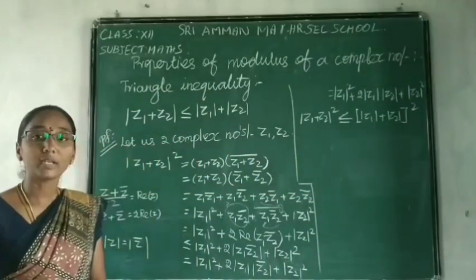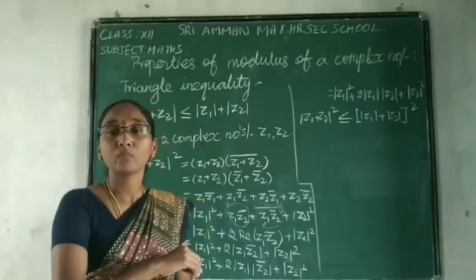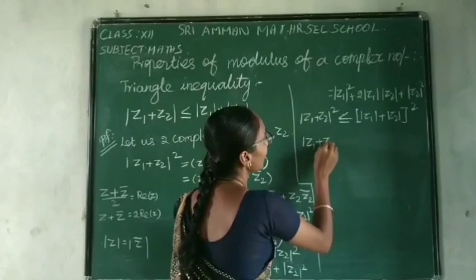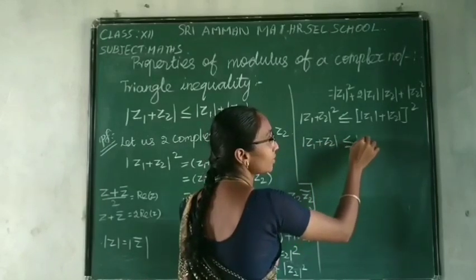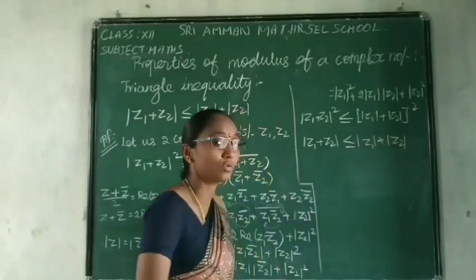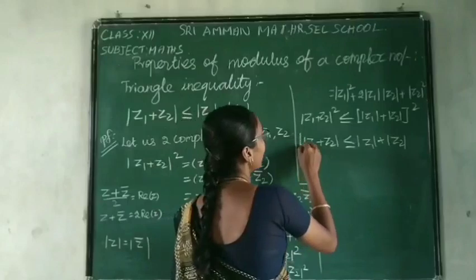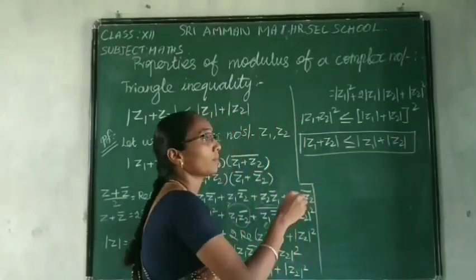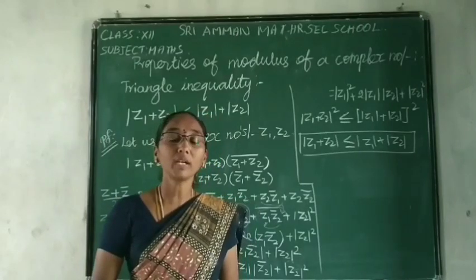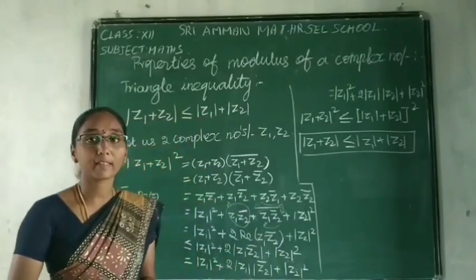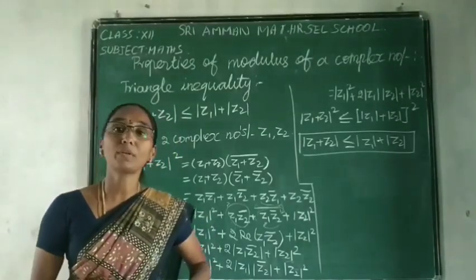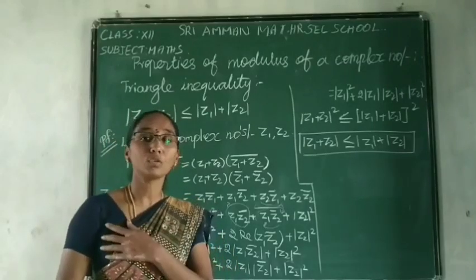Now taking square root on both sides, modulus of z1 plus z2 is less than or equal to modulus of z1 plus modulus of z2. This is the triangle inequality. This is very important. Once again, the triangle inequality of the modulus of two complex numbers. You have to prove it now.